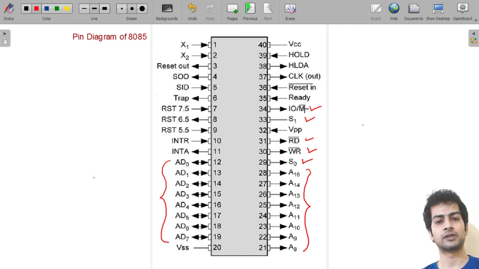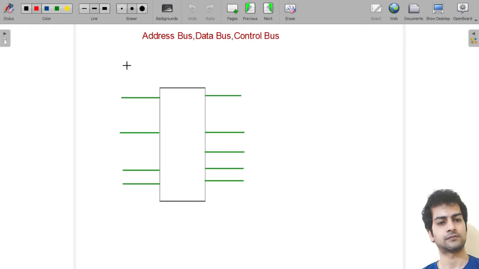I am going to discuss all these pins in detail as a first group, and then we will continue with the other pins of the 8085 microprocessor. So first we will discuss the address bus, data bus, and control bus. And then we will look into control signals.